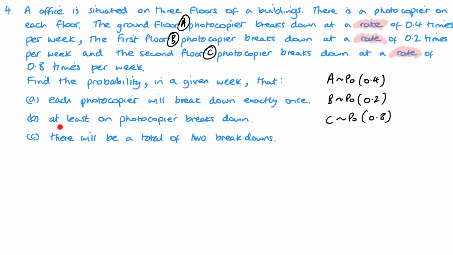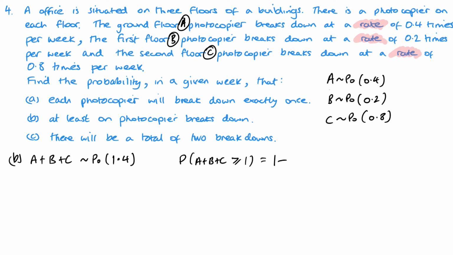Now, part B says at least one photocopier breaks down. So at least one means we are putting them together. So we've got A plus B plus C, and that's going to be 1.4 there, adding up my 0.8, 0.2, and 0.4. Now we want at least one, so the probability that A plus B plus C is greater than or equal to 1.